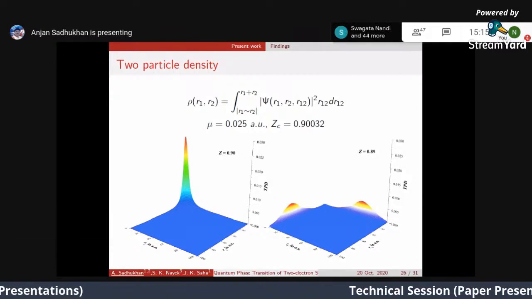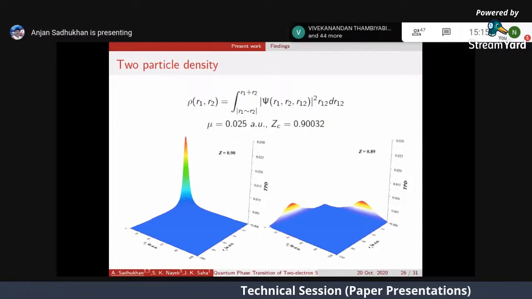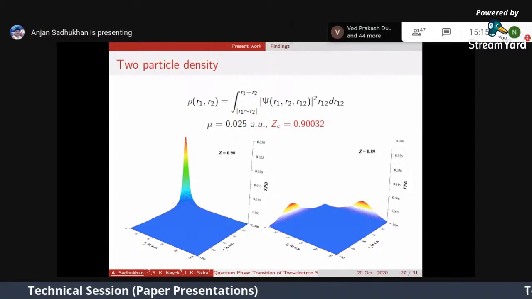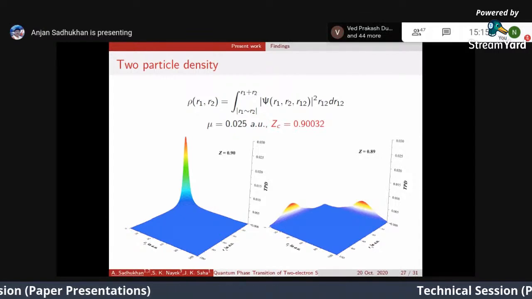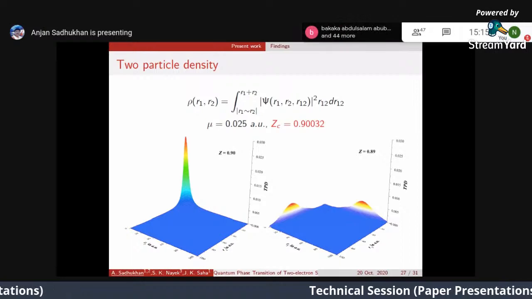Now here comes the most interesting part, and that is the zc value, that means the critical nuclear charge of the system, for mu equals 0.025 atomic unit, is 0.9.